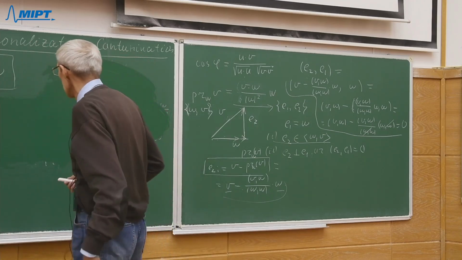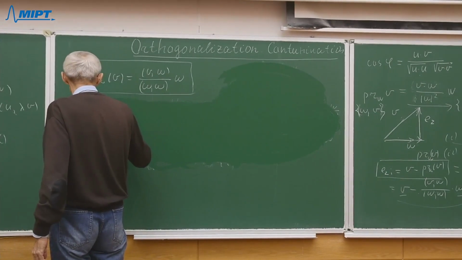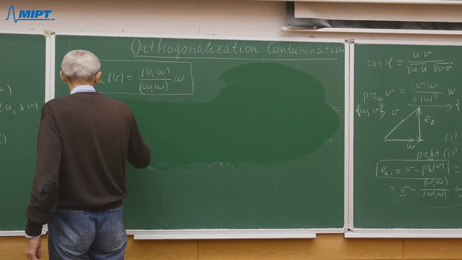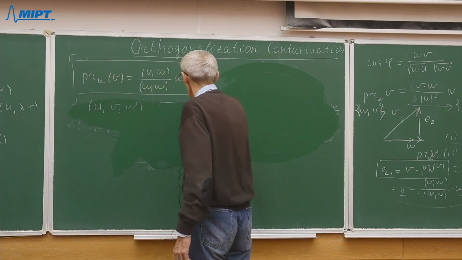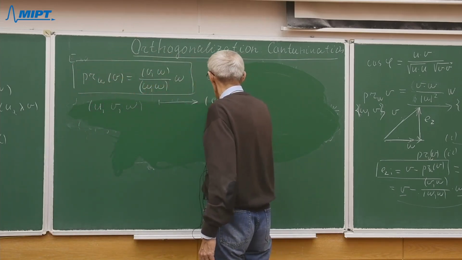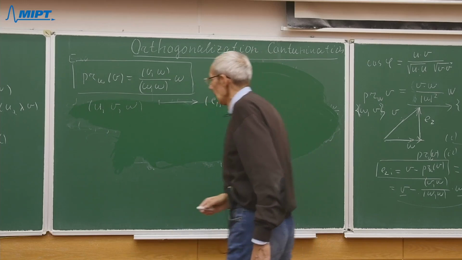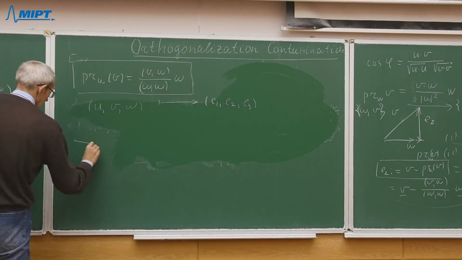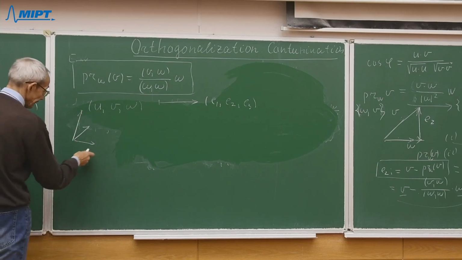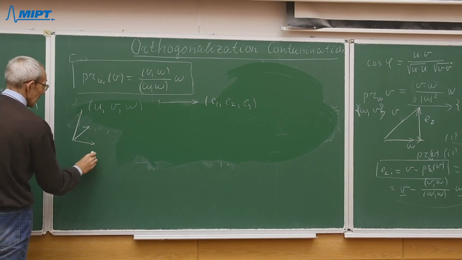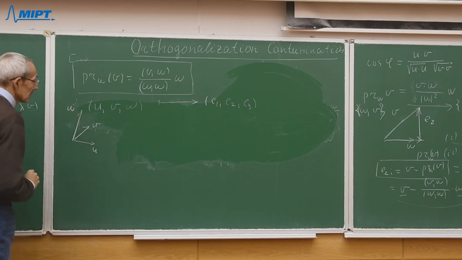Let me have three vectors u, v, w, and our plan is to construct an orthogonal system e1, e2, e3. And we have these vectors u, v, and w.